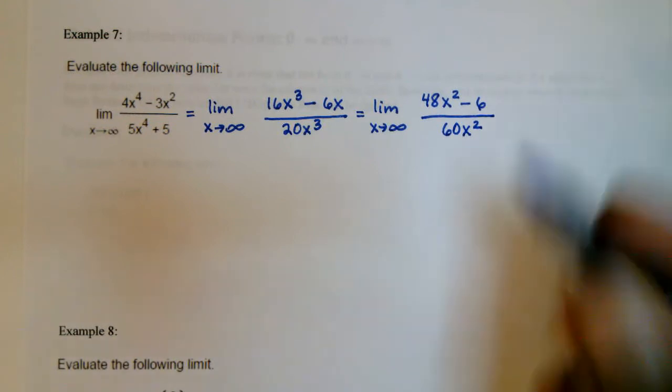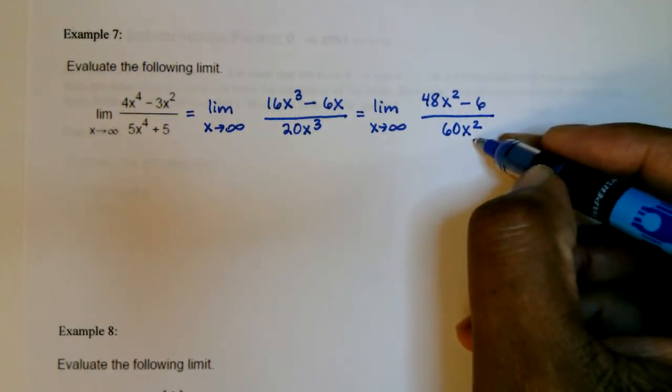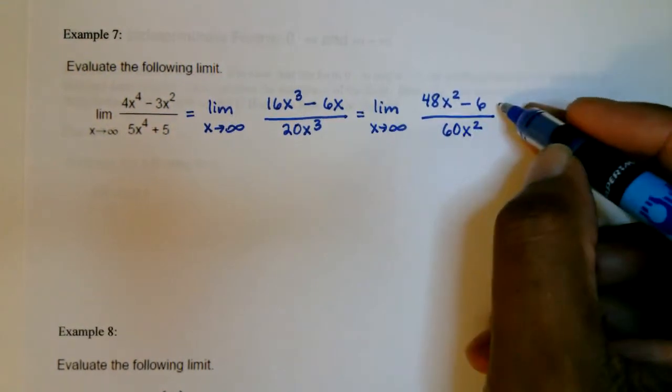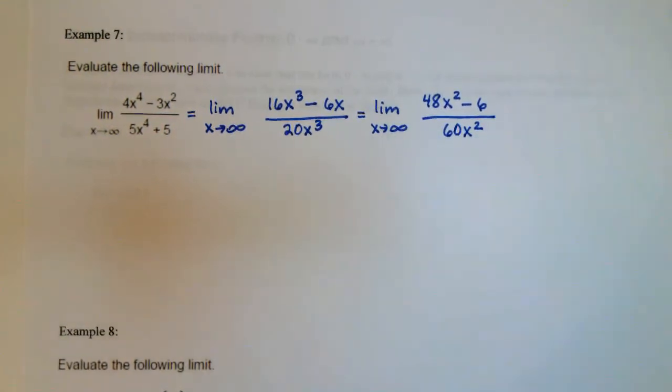Again, I'm going to get infinity over infinity, because the numerator is going to go to infinity and the denominator will also go to infinity. So I have infinity over infinity again. That means I need to apply L'Hopital's rule again.